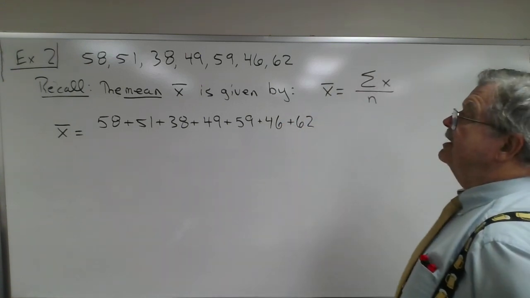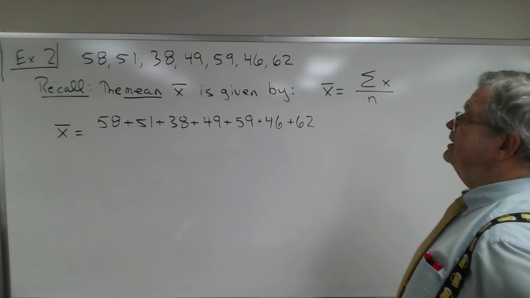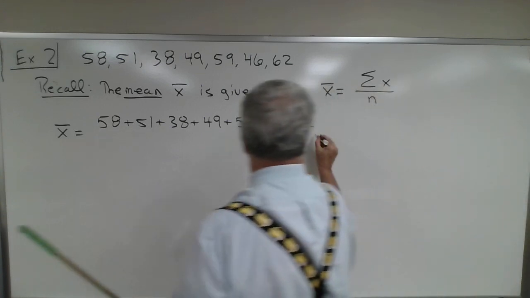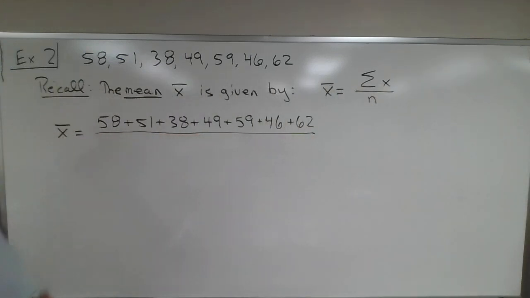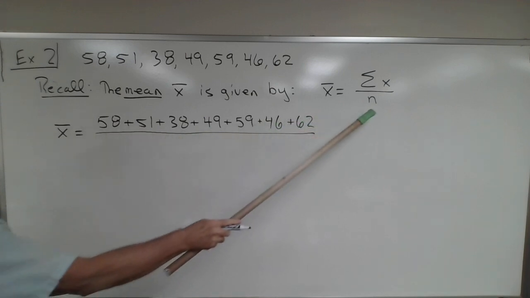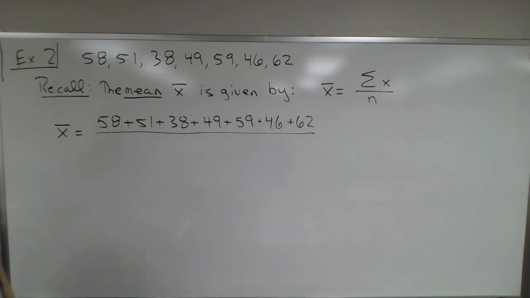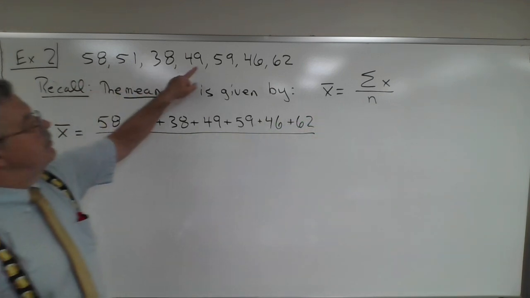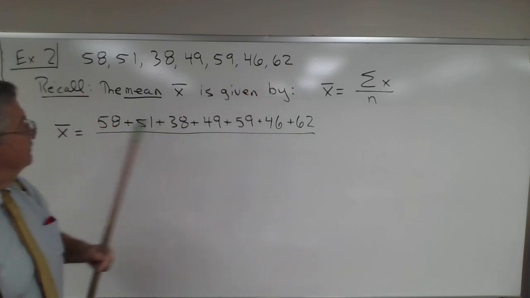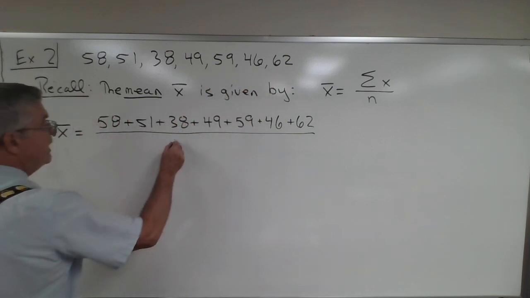Let me make sure I wrote those down correctly. I did. Okay, good. Divided by N, the number of data values, and we have 1, 2, 3, 4, 5, 6, 7. So N equals 7.